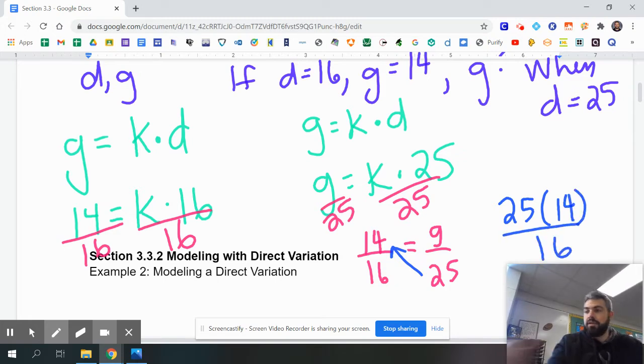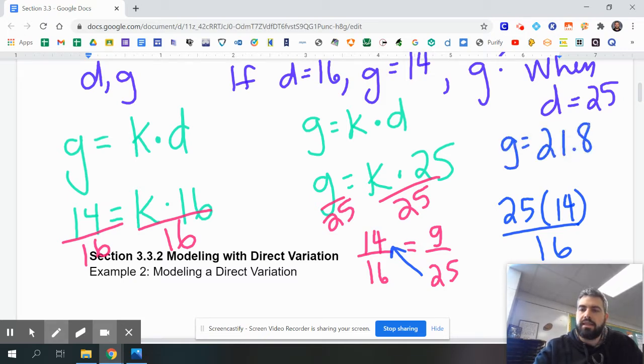And I can do this on my calculator, okay? And when I do that, I get 21.875. So over here, g is going to be equal to 21.875.